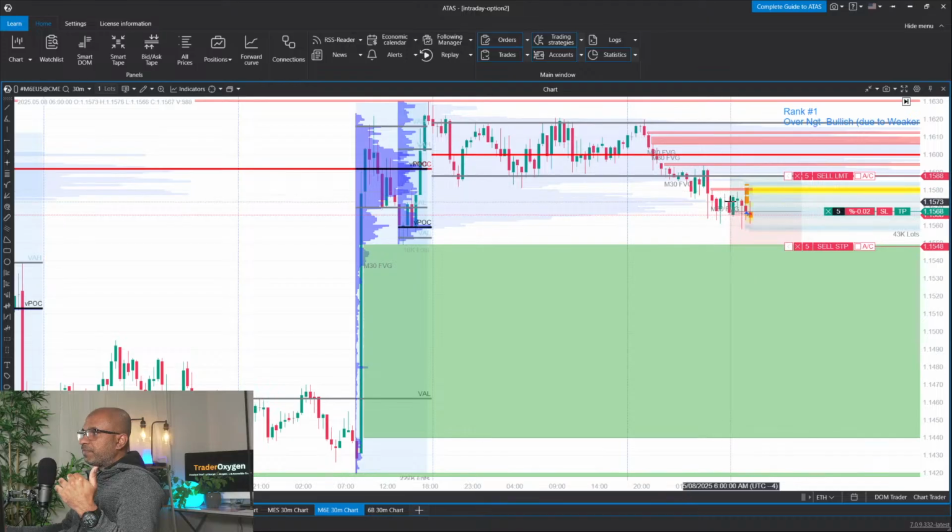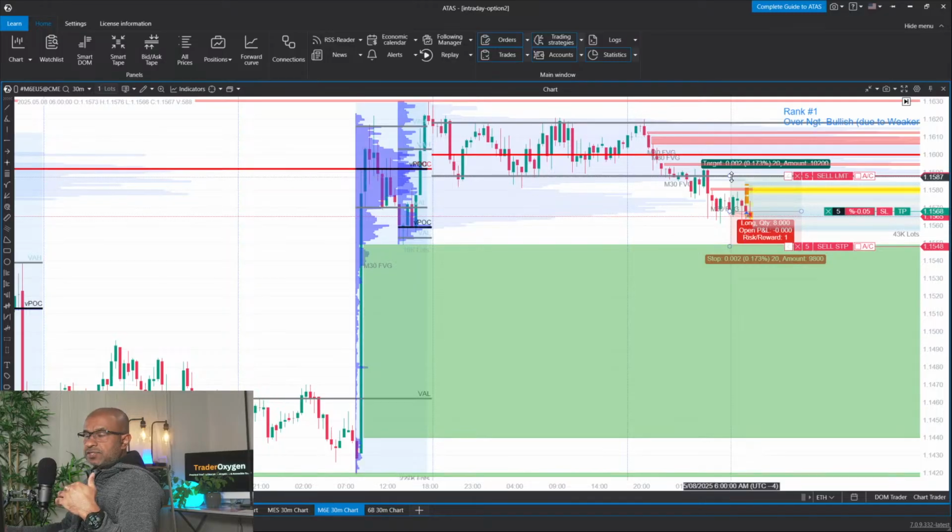For example, if this trade becomes a winning trade, then we will take our first take profit over here, and then we will take our second take profit over here above this swing high, and we will take our third take profit somewhere closer to this bearish order block. Then we will take our fourth take profit over here, right? So that is what is known as active trade management.